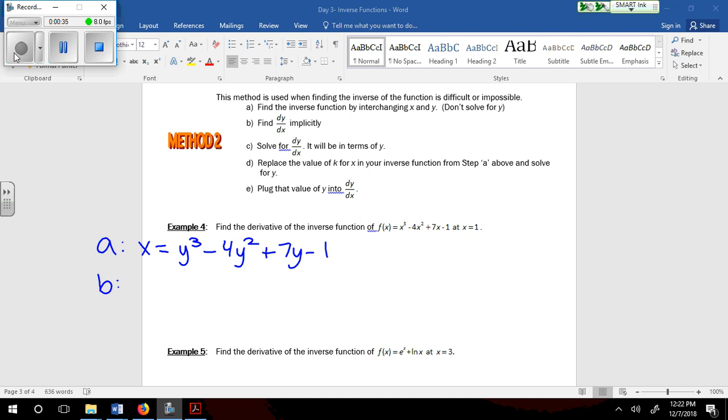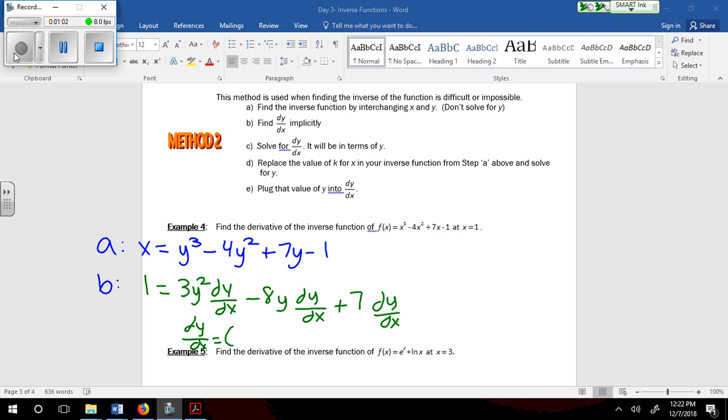So the derivative of x is 1. Y cubed would be 3y squared dy dx minus 8y dy dx plus 7 dy dx. And then minus 1 becomes 0, so we don't even need to write that. So we're going to factor out dy dx.